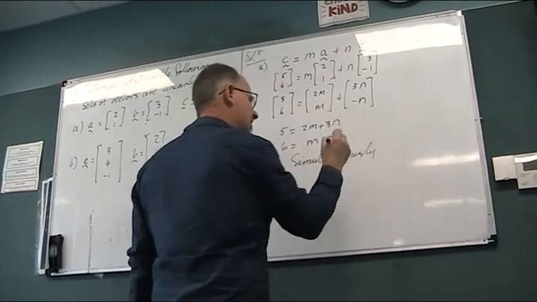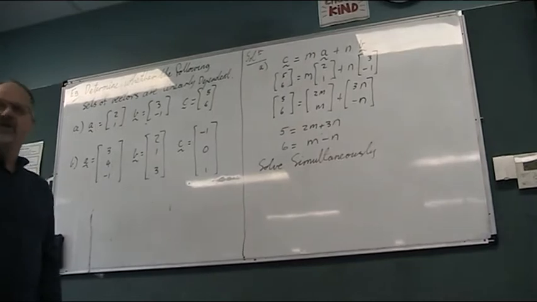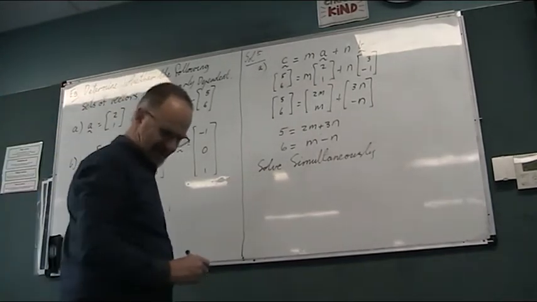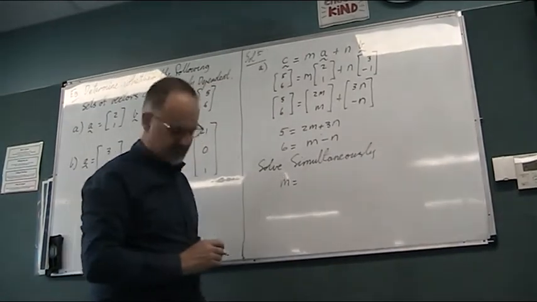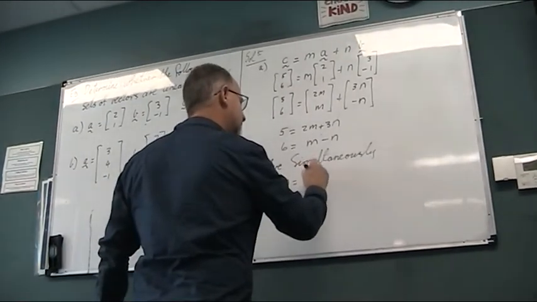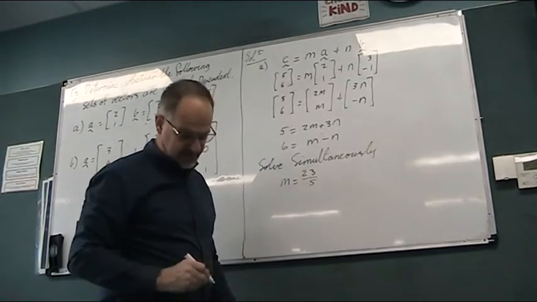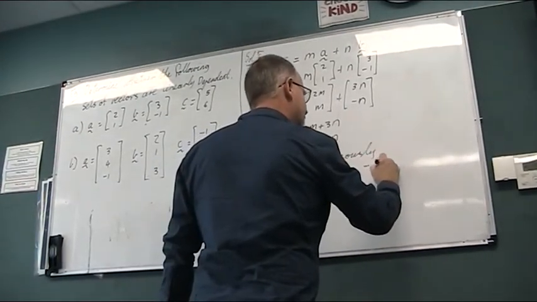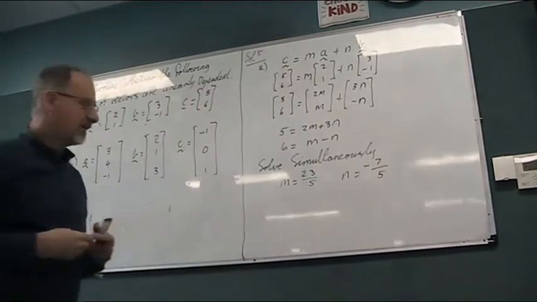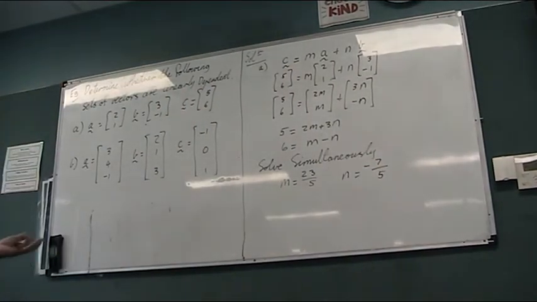And because I've prepared one earlier, you find in this case that m would be 23 on 5 and n comes out as negative 7 on 5. Both of those are just numbers.